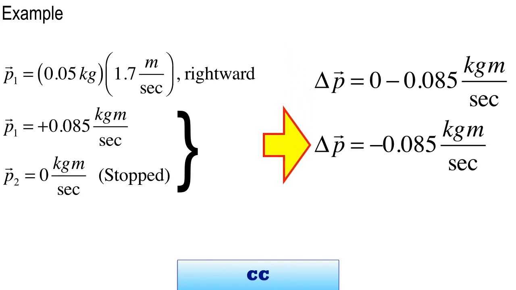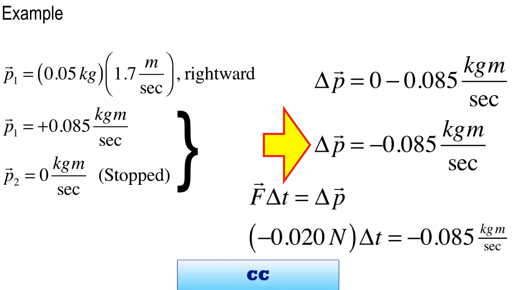All right, so here's your delta P. Now that's going to be part of the impulse equation. The other part of the impulse equation is the frictional force, and that comes in right here. Here's the impulse equation. Now this is a vector equation, and remember the frictional force in the F delta T side of the equation, that's a negative 0.020 newtons.